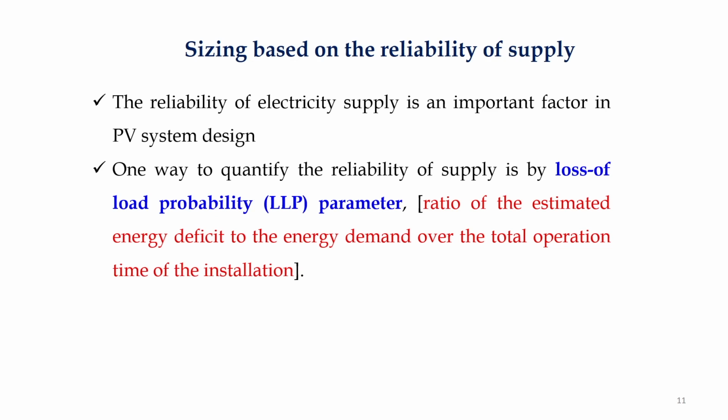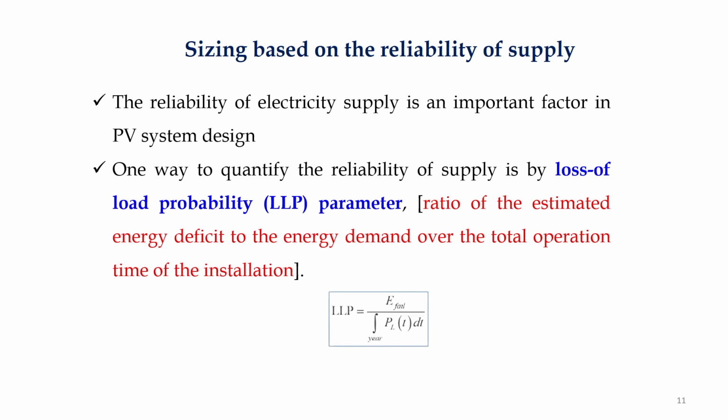One way to quantify reliability of supply is by loss of load probability, in short the LLP parameter, which is defined as the ratio of the estimated energy deficit to the energy demand over the total operation time of the installation.